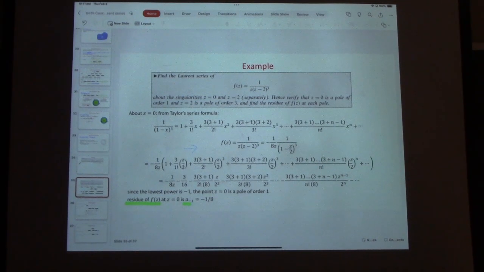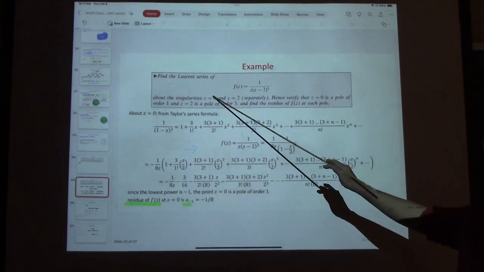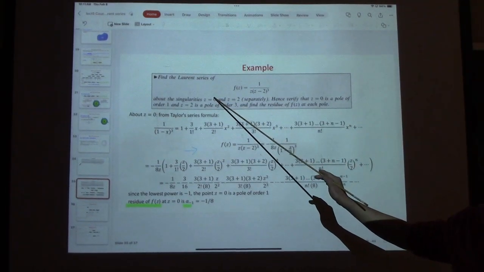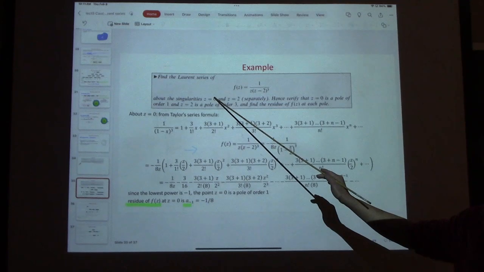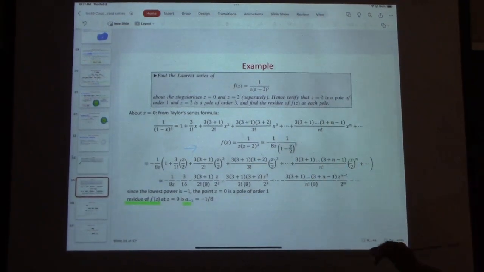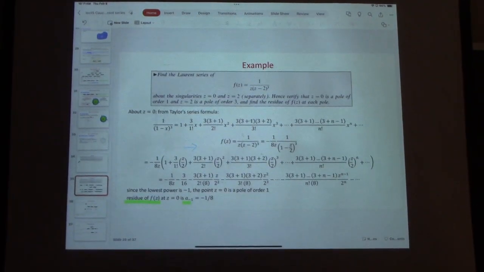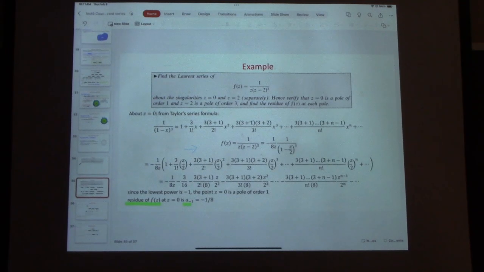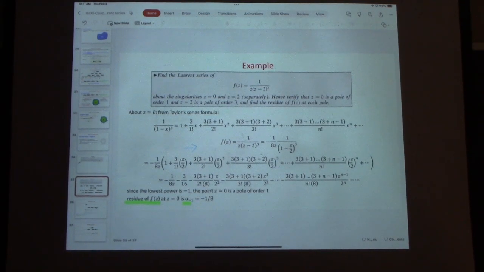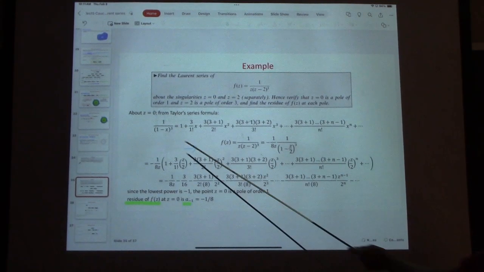So once we select 0, we expand everything into z minus 0. That's how you get the Lorentz series about that point. And once we select the other point, we need to look into z minus 2 and write the whole function in terms of these terms, okay? So let's select this first.